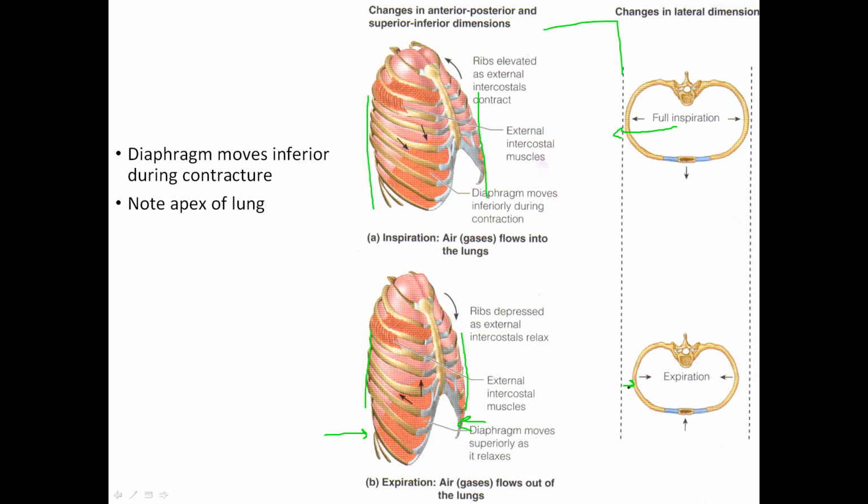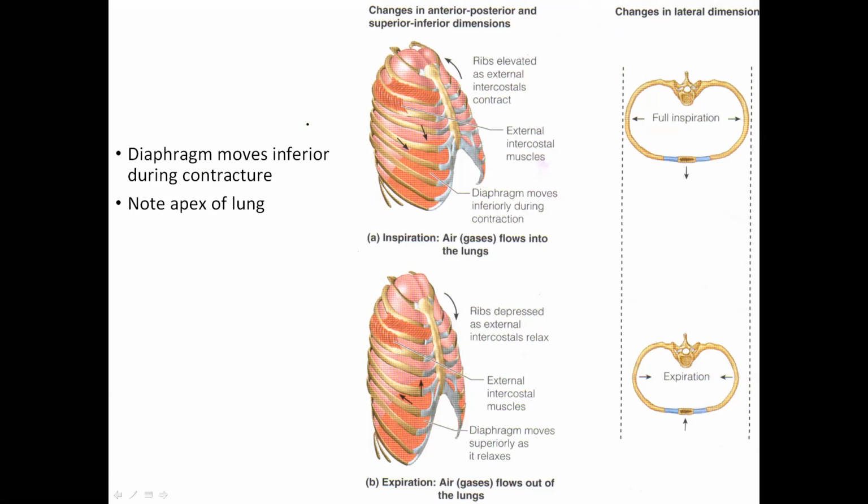The muscles that you use are the intercostals, the external and internal intercostals. So let me explain that in a second. Okay, so when you inhale, the external intercostals grab the rib below and pull it up.